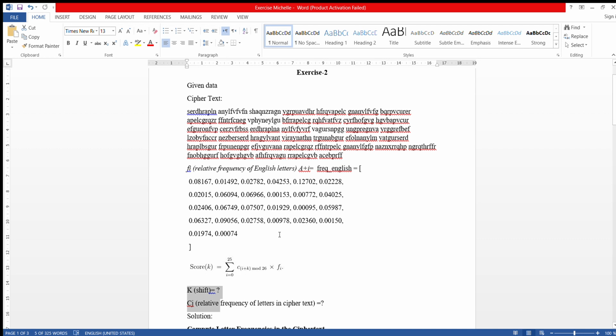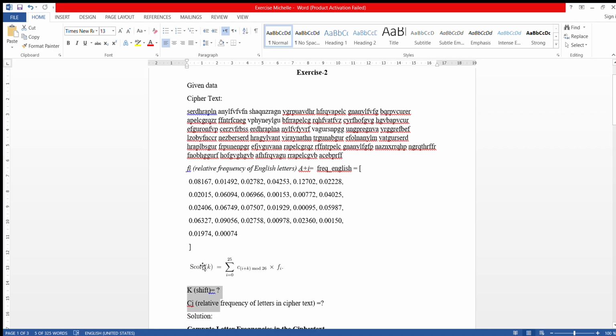We will consider the highest score. We calculate the score for shifts from 0 to 25, because we have a total of 26 letters. First we take a shift of 0, put k as 0, and solve the equation, so we have a score for k equal to 0.